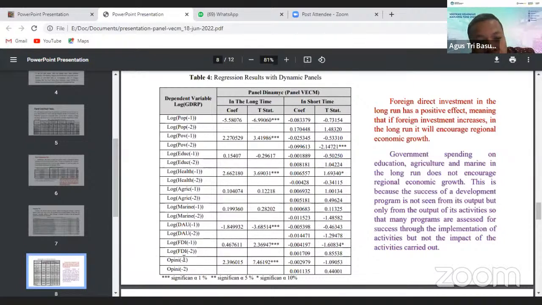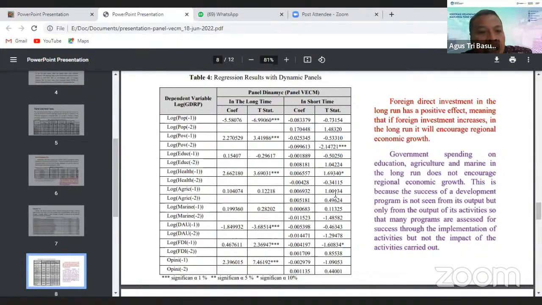So 1% FDI can decrease GDP by 1.6% in the short term. FDI is a big problem in Indonesia. Now, foreign direct investment in the long run has a positive effect, meaning that if foreign investment increases in the long run, it will encourage regional economic growth.